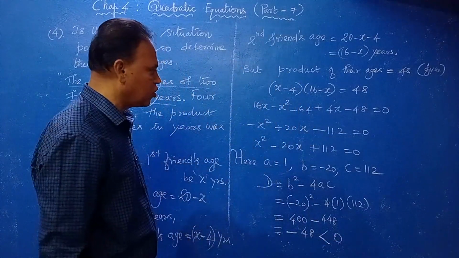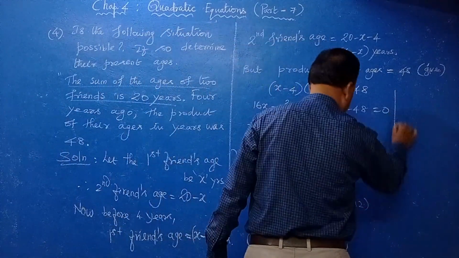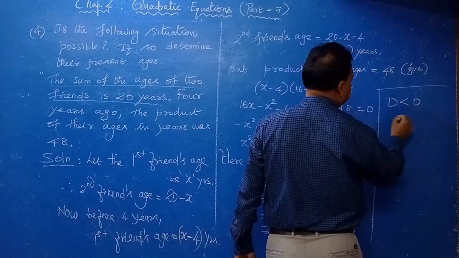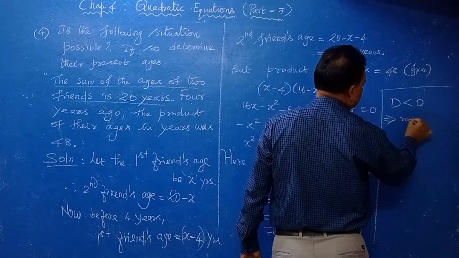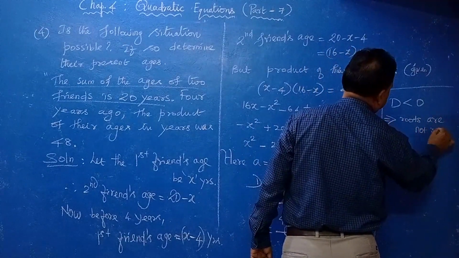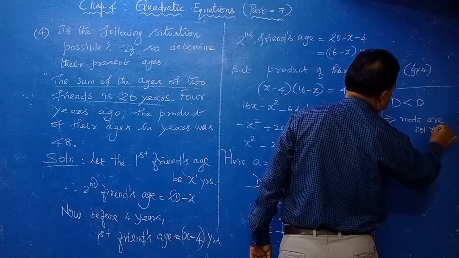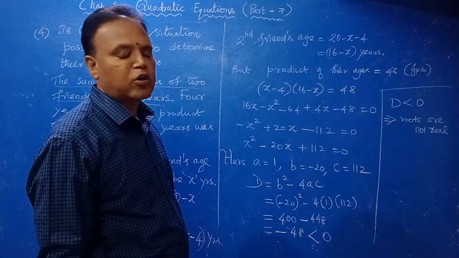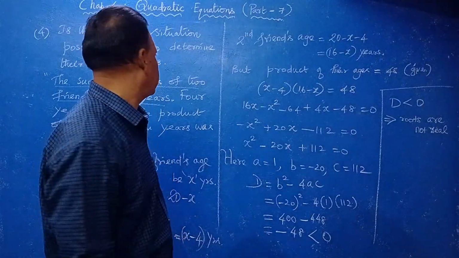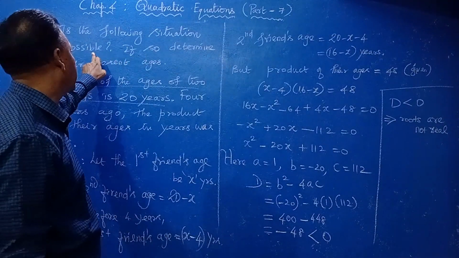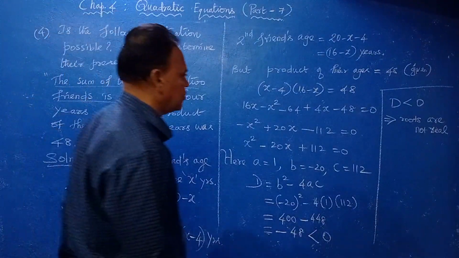So D less than 0 means the roots are not real, so it is not possible. The question was whether the situation is possible or not. The answer is no, it is not possible.